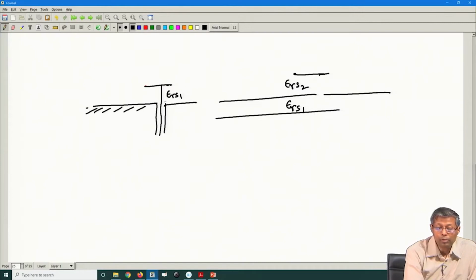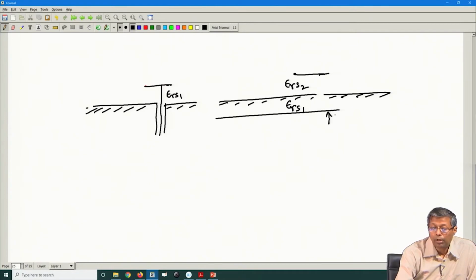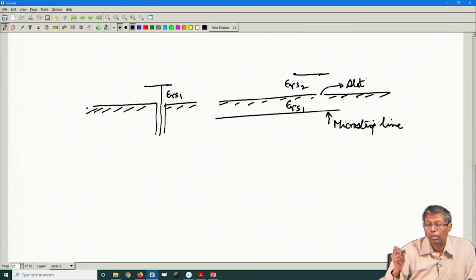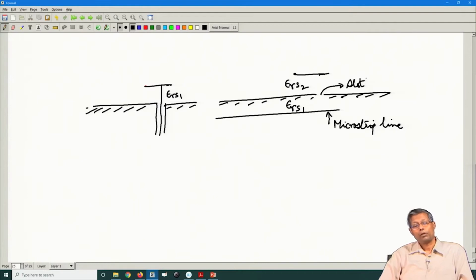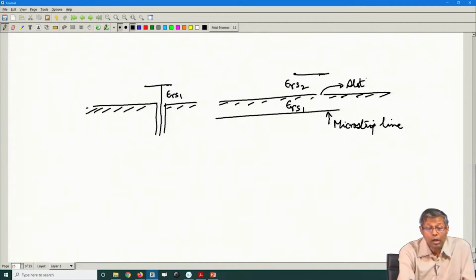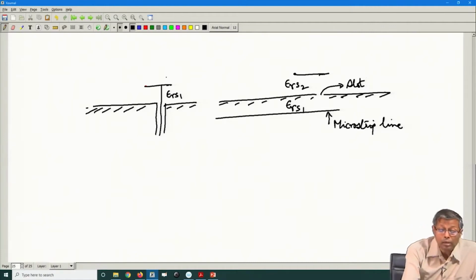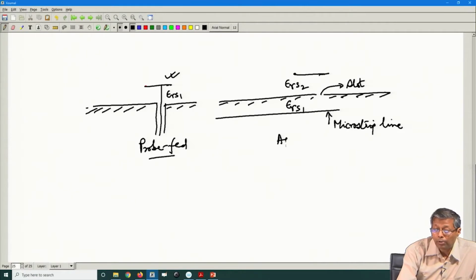So, this is the ground plane, this is the microstrip line, and this is the slot. So, see, what is the comparison between the probe fed patch and the aperture coupled patch?